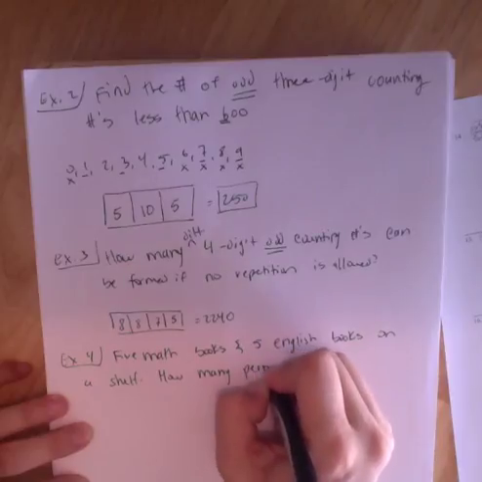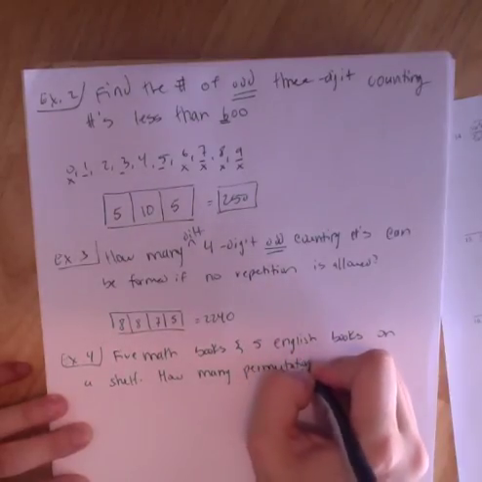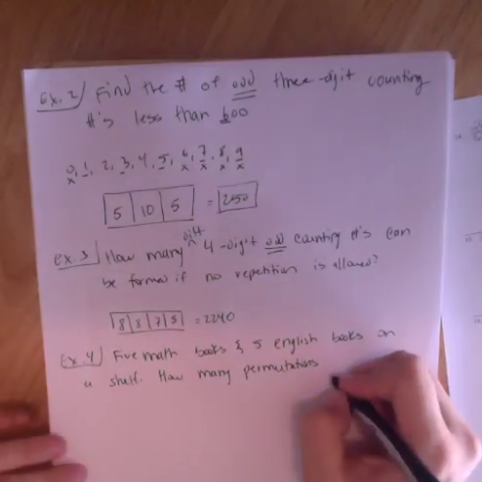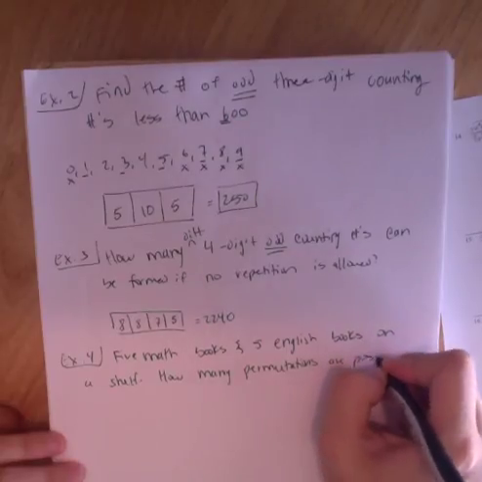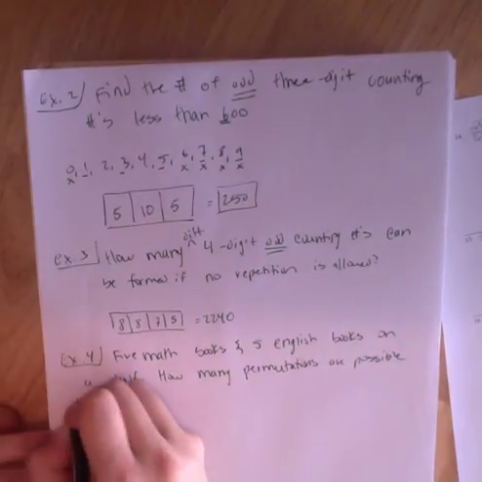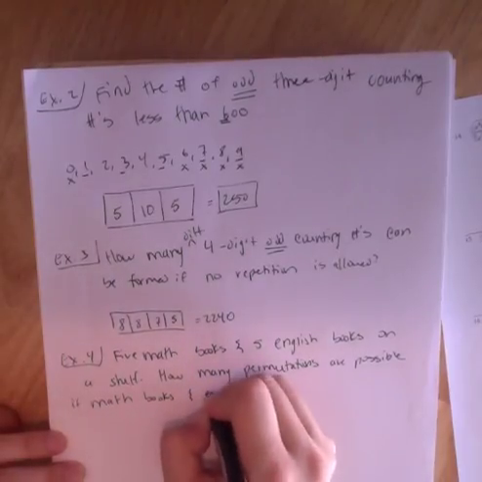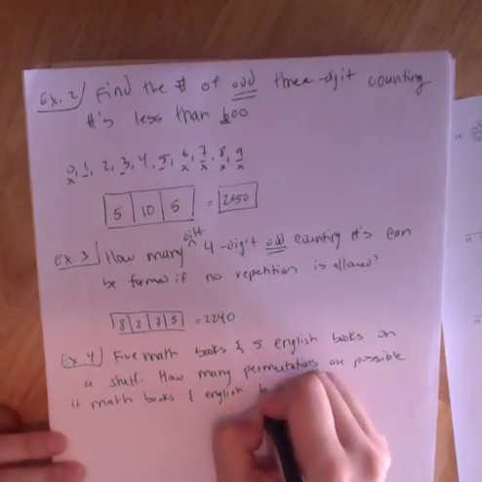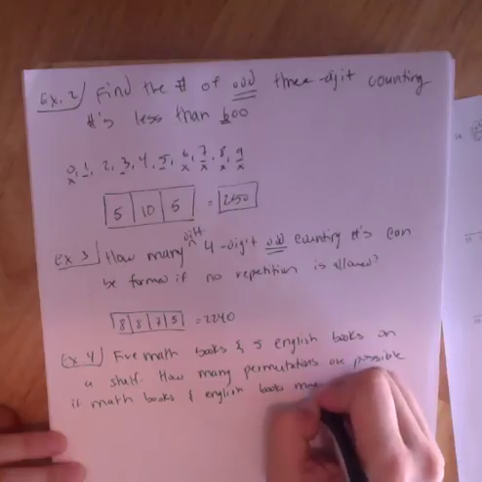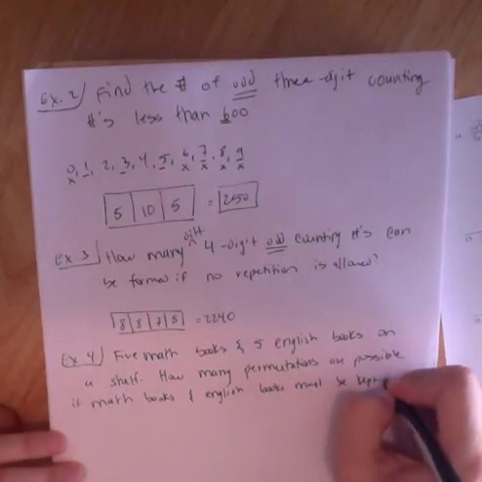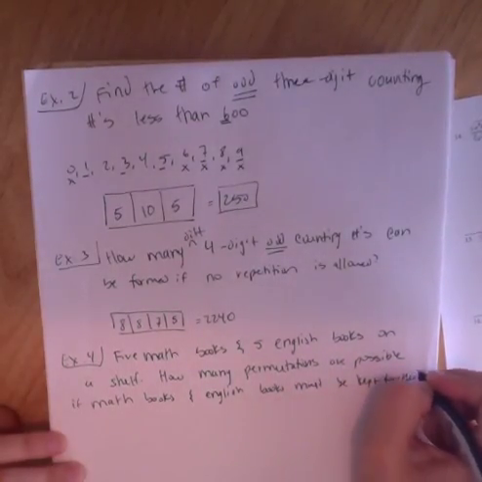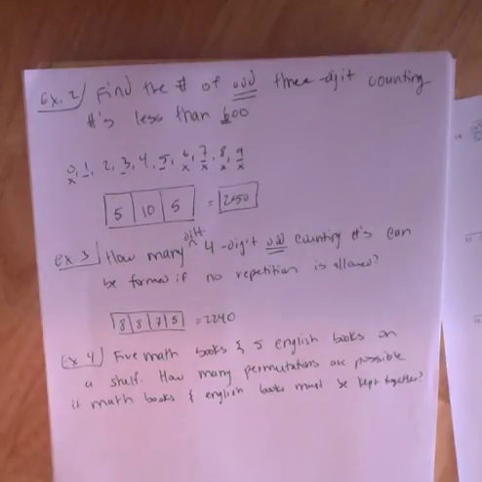How many permutations are possible if math books and English books must be kept together? I want you to try this for a moment on your own. Okay, see if you can work it out.